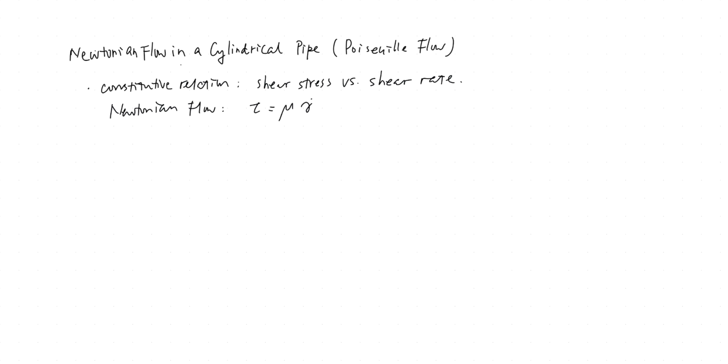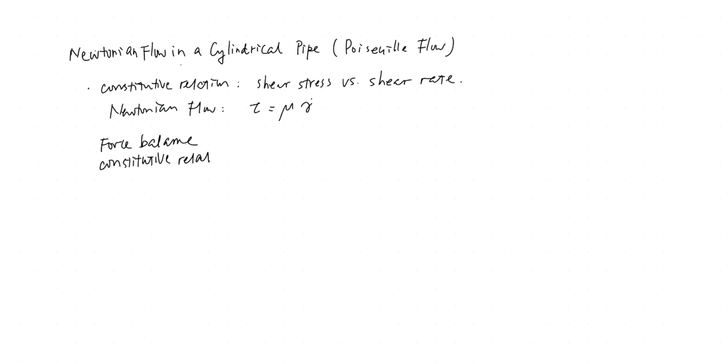And then a constitutive relation plus force balance, which we derived the last time, these two pieces of information will give you a velocity profile. So we have force balance and the constitutive relation.